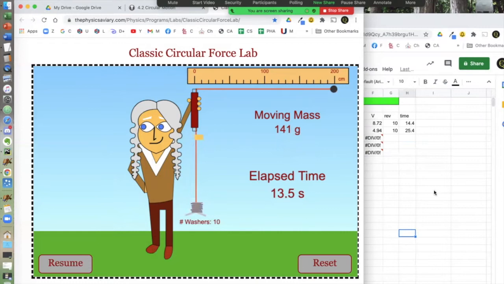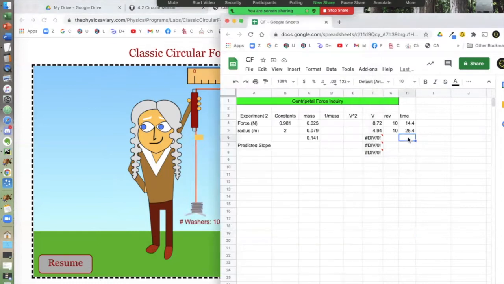I'm just going to do 4. 13.5 seconds, but I'm going to do only 4 revolutions that time to get my velocity. Let's see, G6, yeah, okay, times that 2 pi r. That's good.